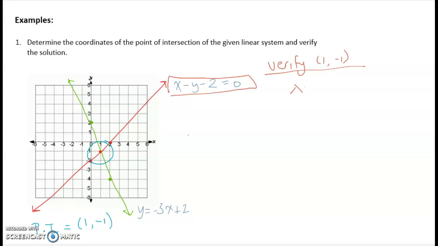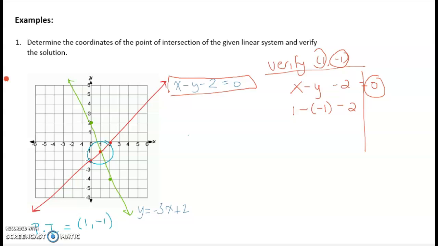So we have x minus y minus 2 equals 0. So x is 1 minus y is -1. And then we have minus 2. And you draw a line down the equal side. So this side already equals 0.